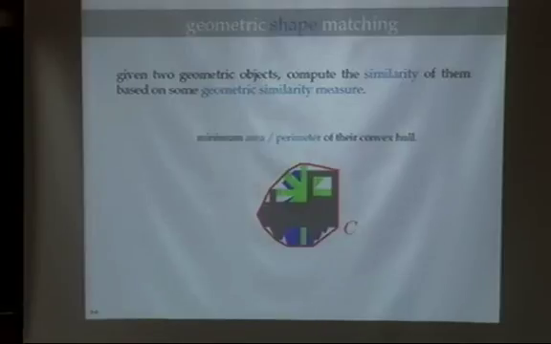So for this problem, we already have an almost linear time algorithm again. But what about rigid motion, where you are allowed to rotate the object? We don't know how to solve this, and we only know an approximate solution in this case. This is the so-called geometric shape matching.